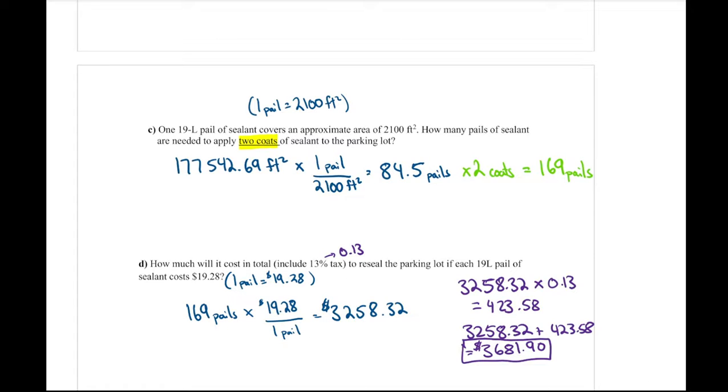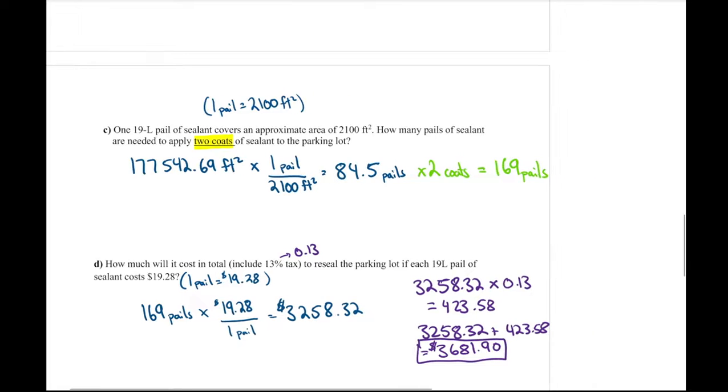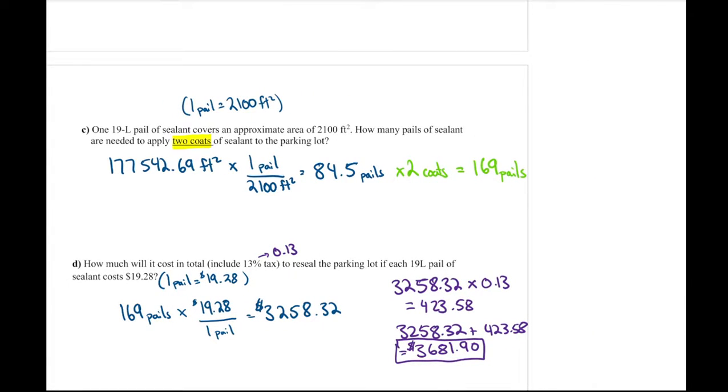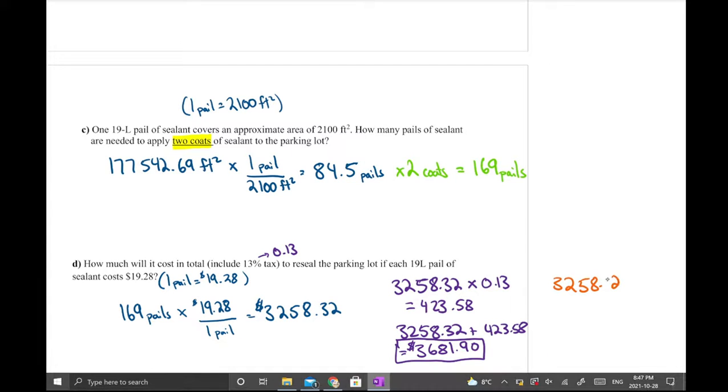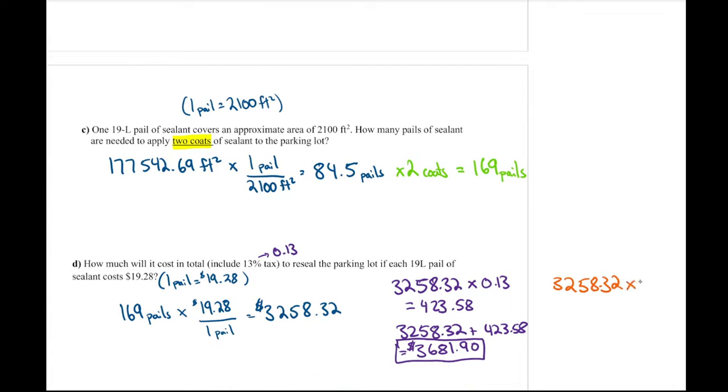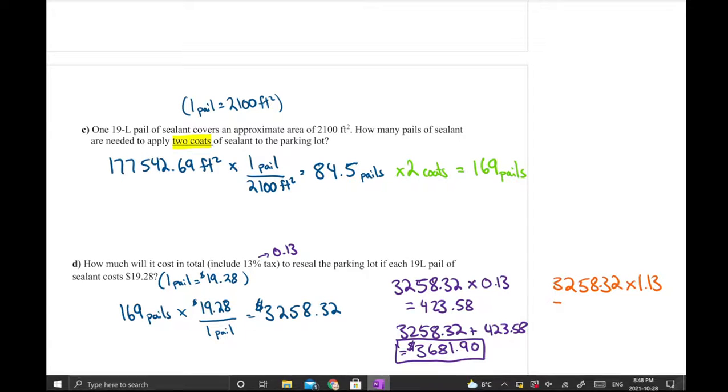Another quick way you could have done it, rather than multiplying by 0.13 and then adding that on top of the original price we've already found: when you're dealing with percent, if you want to figure out the after-tax total, you could take the original $3,258.32 and multiply it by 1.13, the 0.13 for the tax, the 1 for the original price.